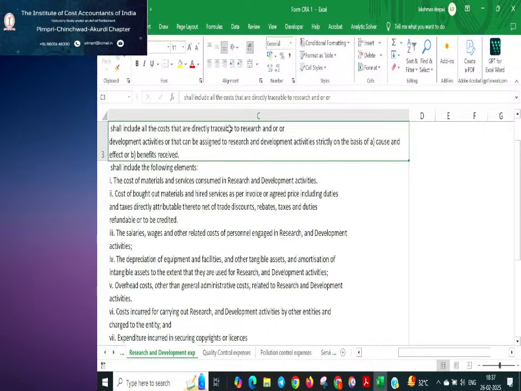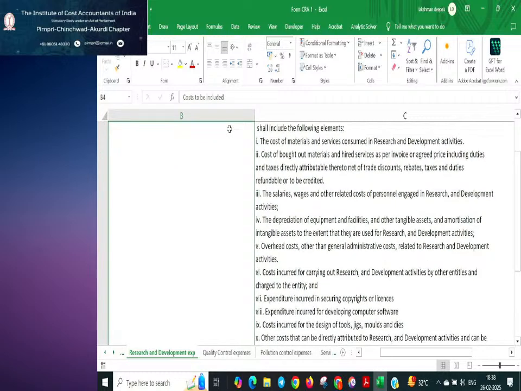When you are not able to trace a particular cost to a cost object, then you can go by two principles that will be helpful in tracking the cost. One is cause and effect, the other is benefits received. Cause and effect is what cost you have incurred and what the impact is. Benefits received is what is the final result of such an activity.